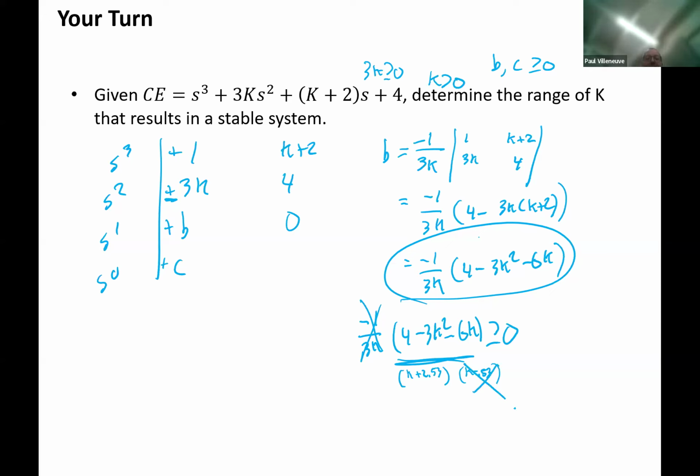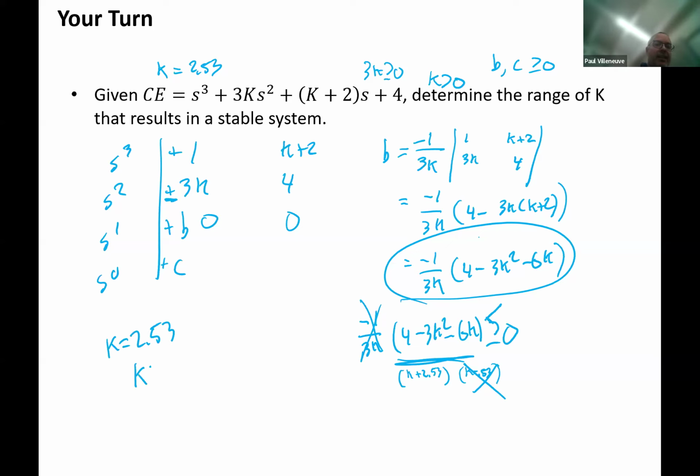So this one here, got to get rid of it. And so now I'm going to use my root of 2.53, which is my value that I'm going to have, and I'm going to substitute that into that equation. And so when k equals 2.53, this row is going to be equal to a row of zeros. Okay?